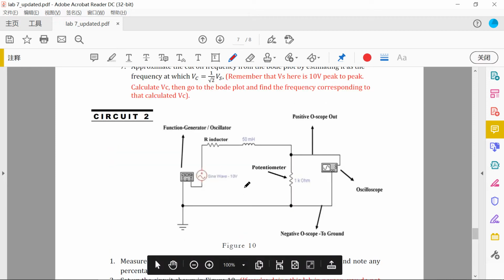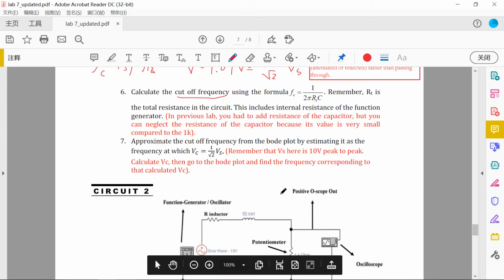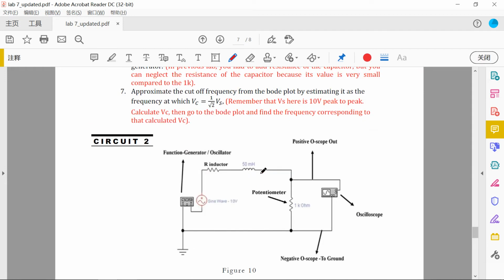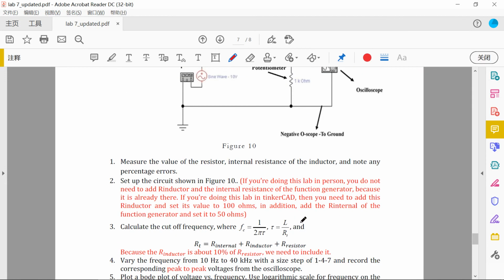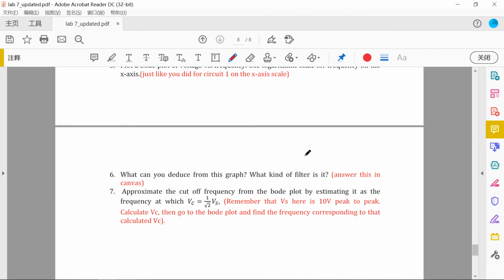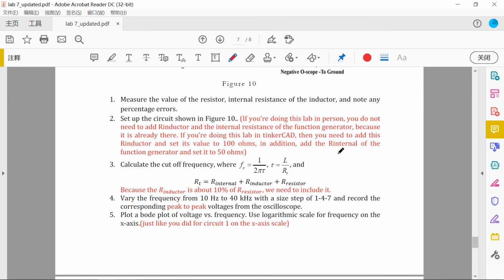But for circuit 1, we can neglect the resistance of the capacitor, as its value is pretty small compared to the 1000. So this is a place you guys need to note. And that's it. That's today's lab.